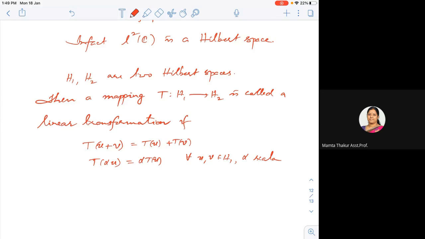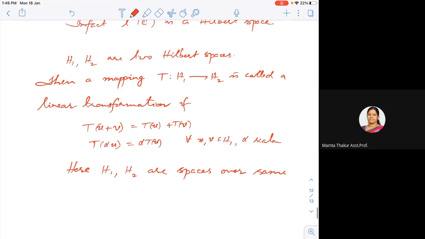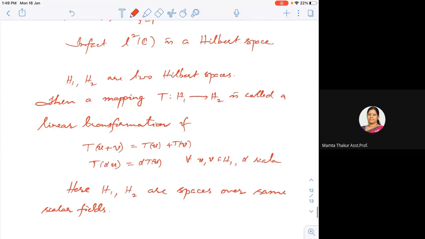Remember, here both H1 comma H2 are spaces over the same scalars. That's what we have taken. They're over K only. So you can talk about these linear spaces.